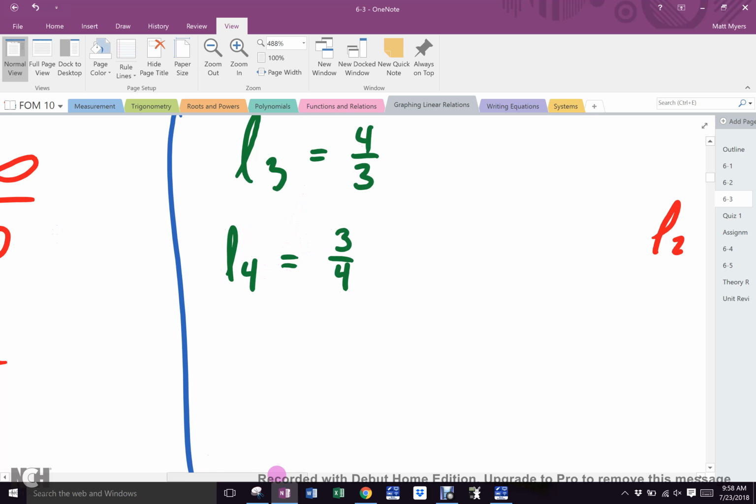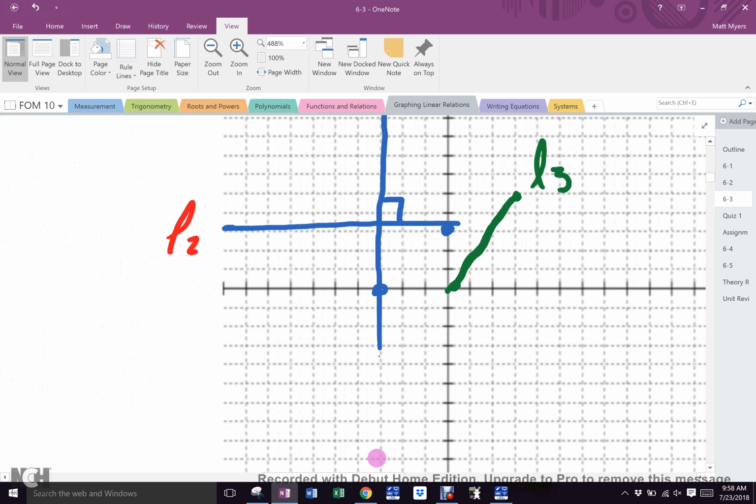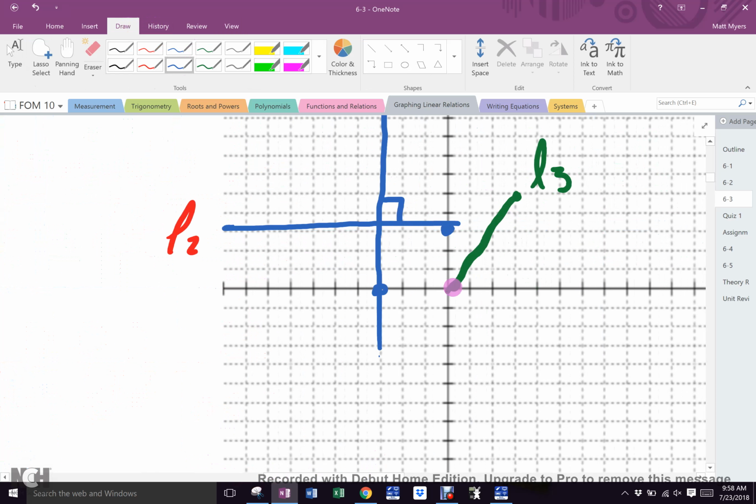We know that from what we just proved with the red lines, yes? But 3/4. Do not draw what I'm about to draw. 1, 2, 3. 1, 2, 3, 4. There is 3/4. Is that perpendicular? No, that doesn't meet at 90 degrees.